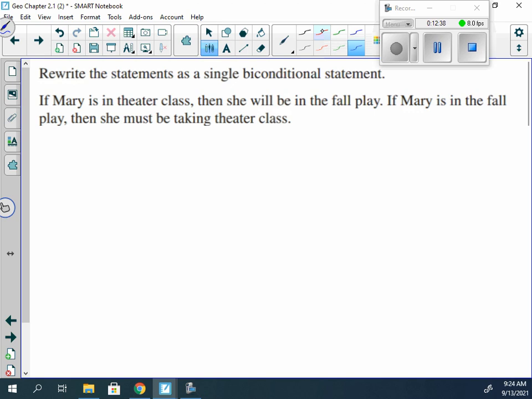If Mary's in the theater class, then she will be in the fall play, if that is a requirement of being in theater class. If Mary's in the fall play, then she must be in the theater class. Why not? Let's grab a highlighter. Mary's in theater class. She must be taking theater class. Be in the fall play. Is in the fall play.